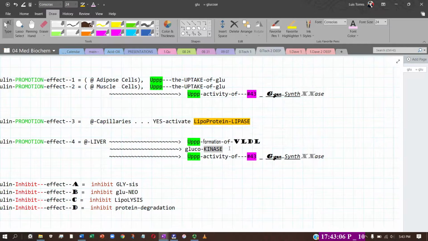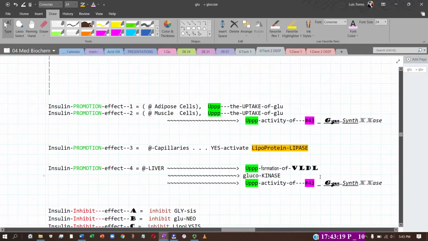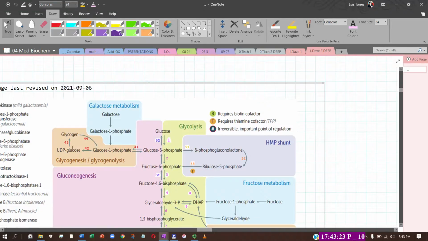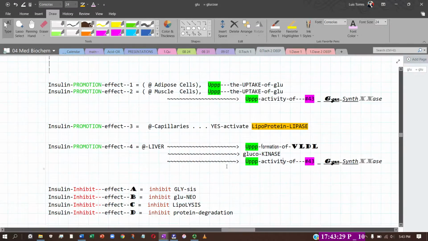And also, similar to the muscle cells up here, there's an increase in the activity of that same enzyme, which makes sense because the liver is often associated with glycogen synthesis.